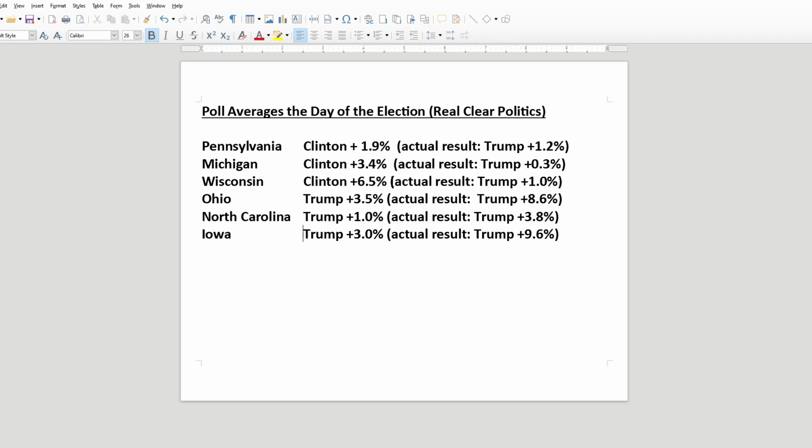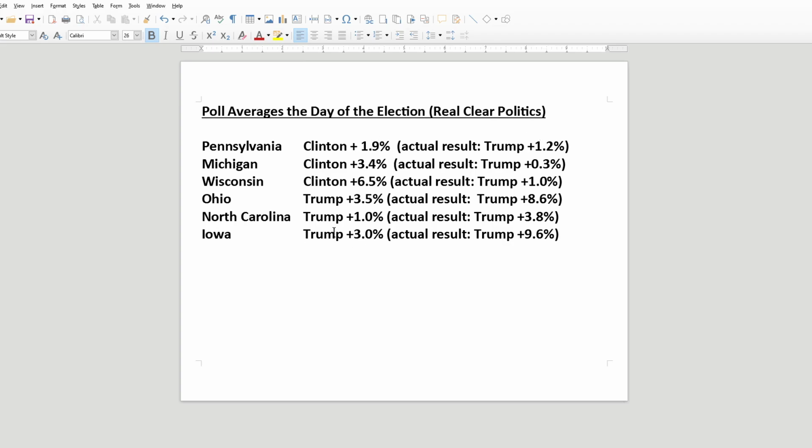I wanted to show you these states here because they were some of the most egregious in how bad the polls were. So here, what I did was, there's this website called Real Clear Politics, and they keep track of all the polls that are done, and then they have a running average of the polls to try and aggregate the polls right before the election. So these were the very last poll averages of all the polls that had been taken in the 2 weeks prior to the election.